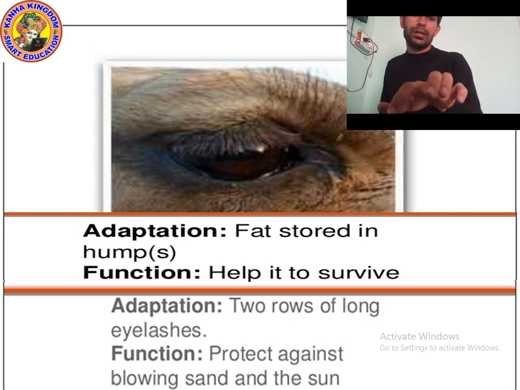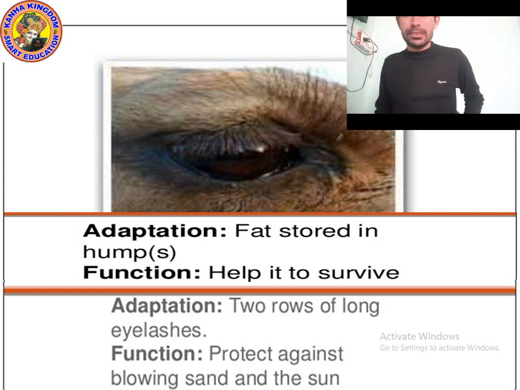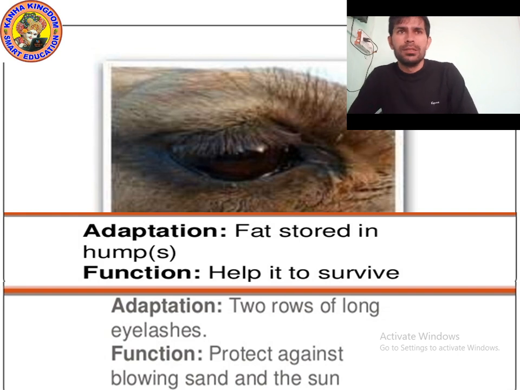We had been studying the adaptation of camel, as you can see on the screen. So let's study these adaptations.